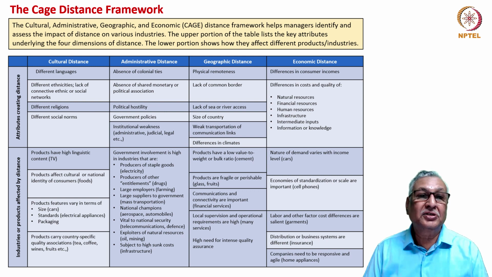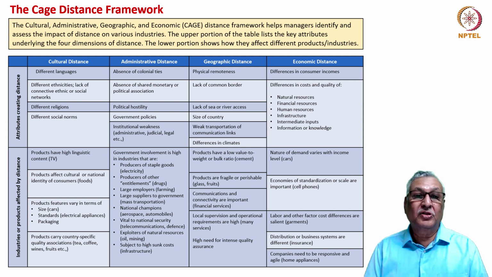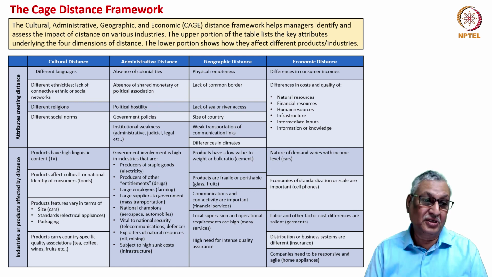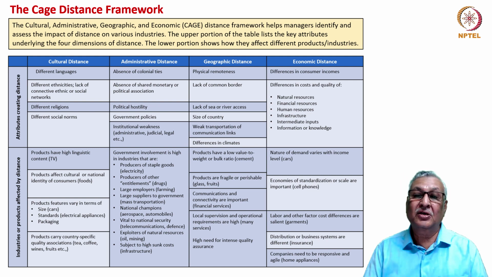We can look at the CAGE distance framework in terms of many other factors which support these distances. In this table, the 4 distances are listed, and attributes that characterize the distance, attributes that create the distances, industries that are impacted by the distance are discussed here.